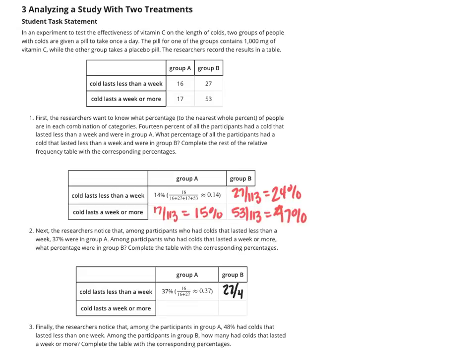For our next table, we had to find out our total between group A and group B for colds that last less than a week to find our percentages at 63%. And the same thing, we had to total the bottom for that one and find out that it was 17 over 70, which is about 24%. And lastly, the 53 over 70, which is about 76%. And you can see that both of these totals add up to 100% right there horizontally.